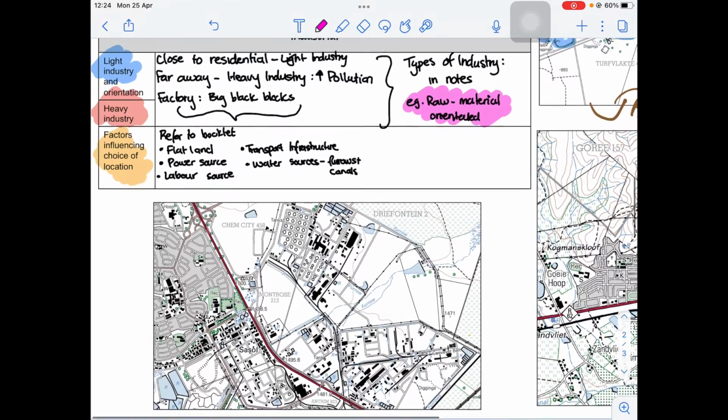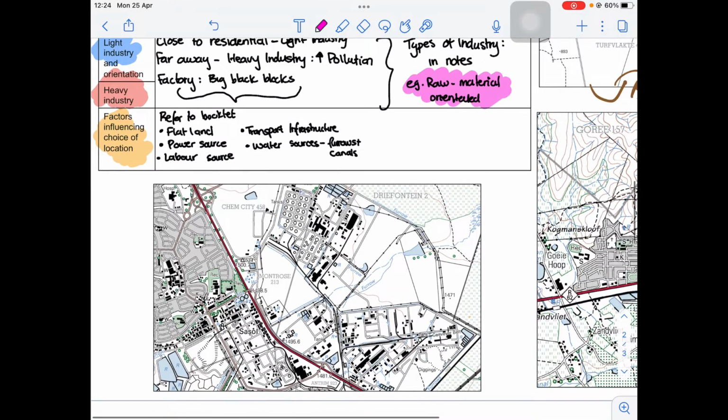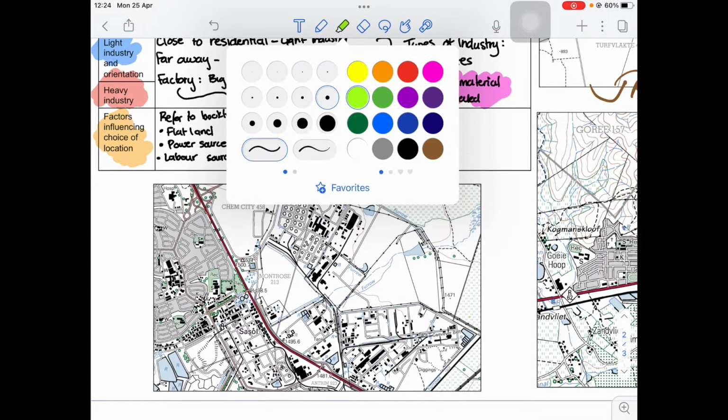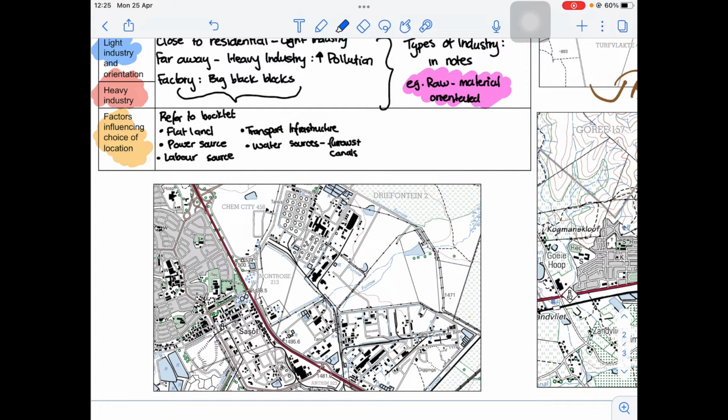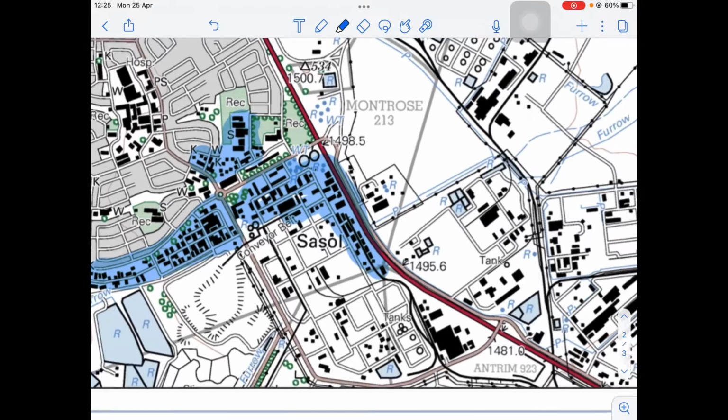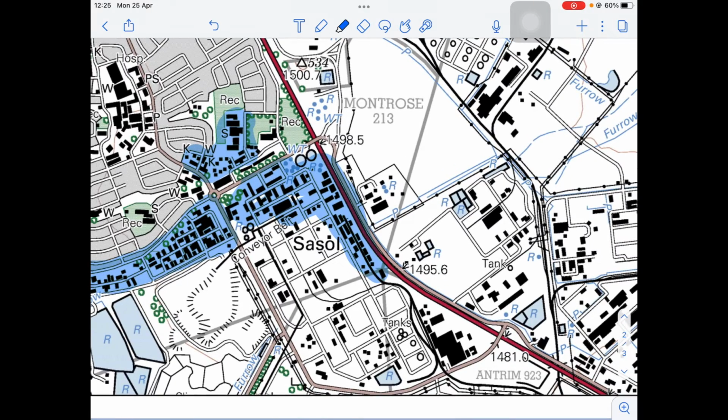But what we want to focus on here is really how close it is to an actual built up suburb where people are living. And so in this example, if you have a look at the black buildings here, they are actually located really quite close. There's a density of them scattered about over here, okay? And we can then assume that those might have a little bit more of a lighter function.